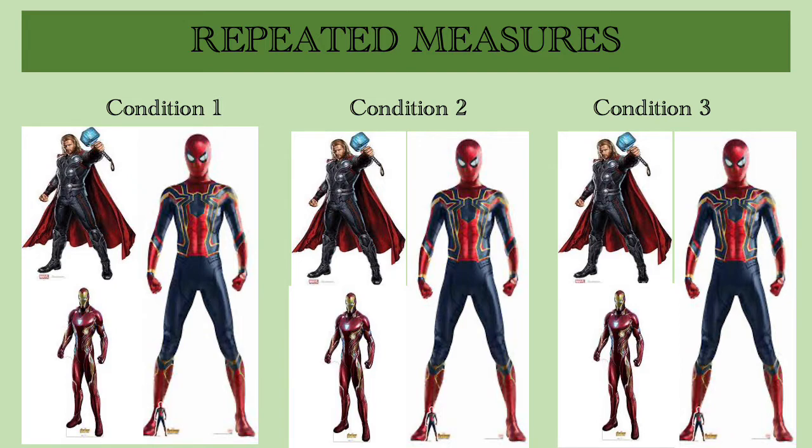So it means that it's the same participant for each condition. So you have Thor, Iron Man, and Spider-Man do condition 1 first, and then they have to repeat themselves in condition number 2.